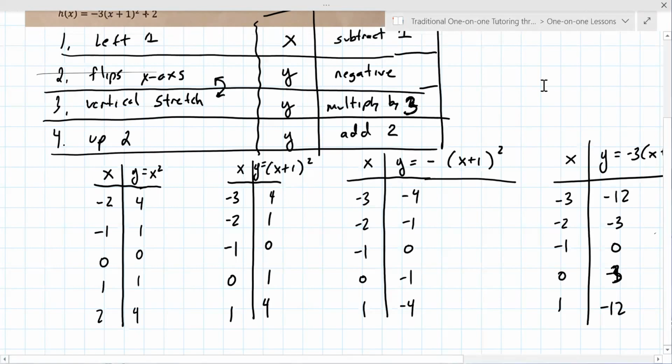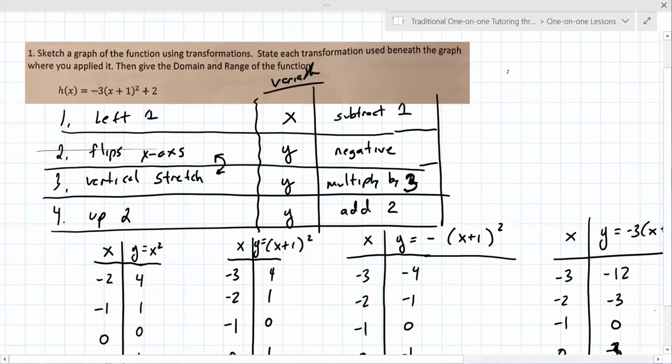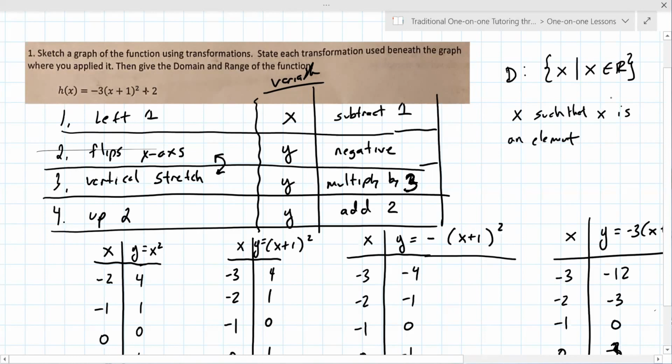All right. What is the domain of this? So the domain is like the x values. This is read as x such that x is an element of the real numbers.